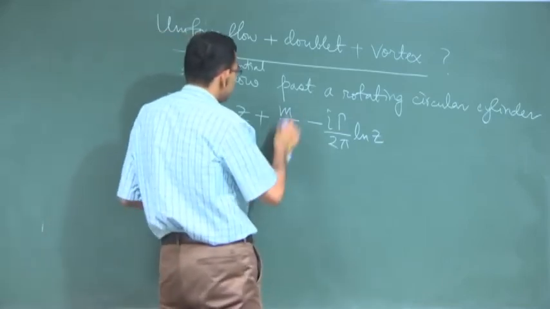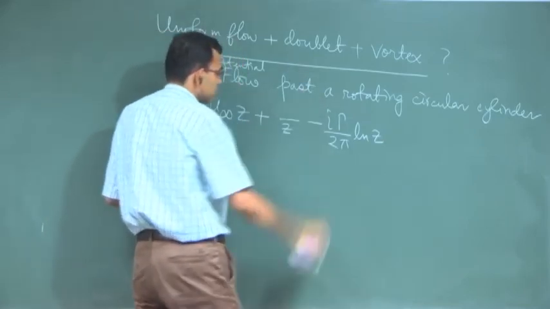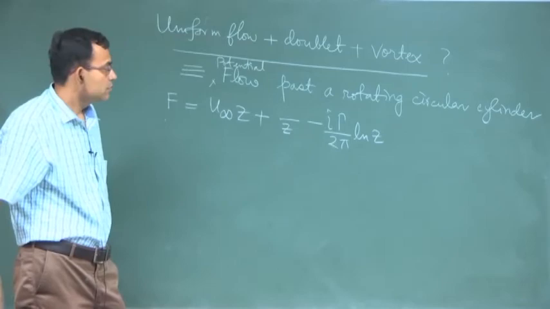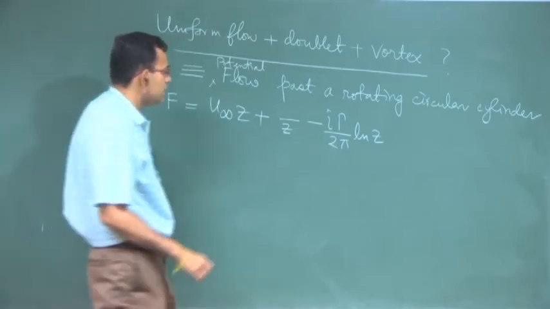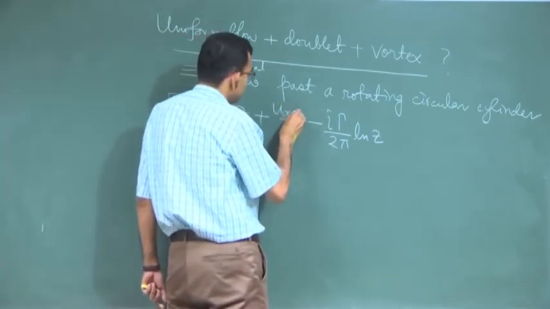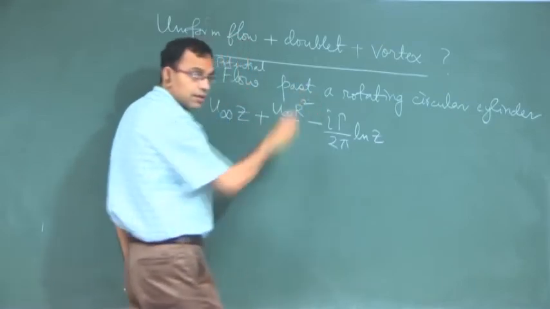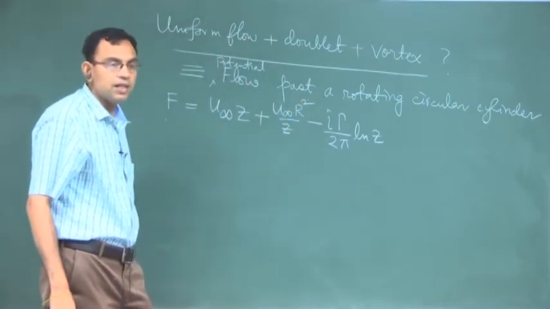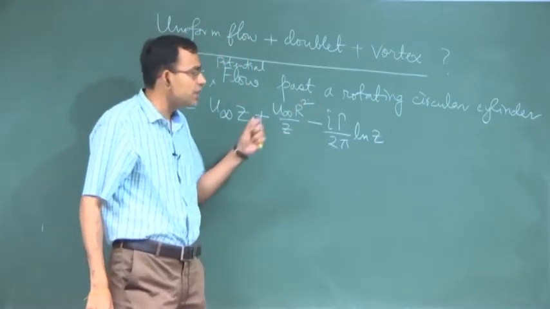This M, you have already seen that it is u infinity into r square to represent the flow past a circular cylinder of radius r.